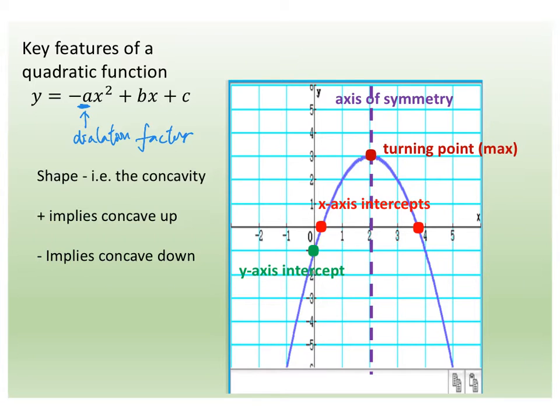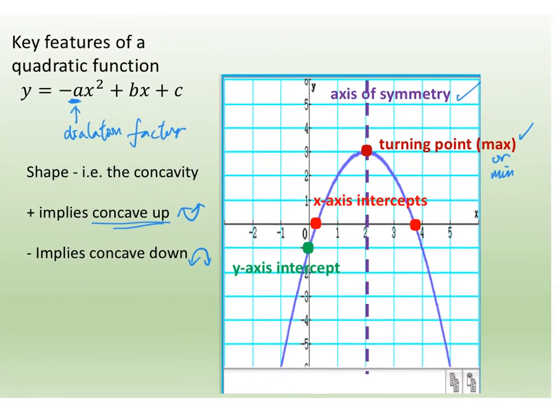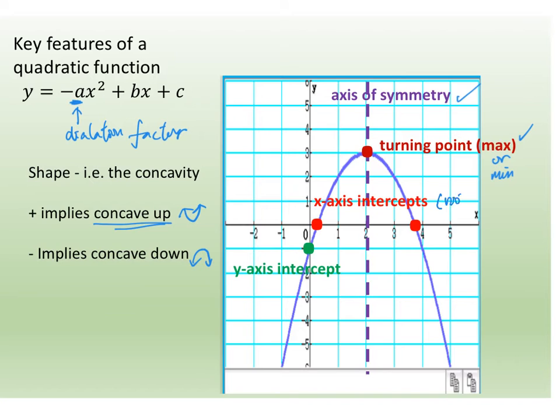Again, positive implies concave up, which is the U shape. And then negative implies concave down, the N shape. Of course, you need to know the axis of symmetry, the turning point, maximum or minimum. In this case, I'm showing an upside down parabola, so it's a maximum. You need to know the x-axis intercept, which is the roots, and then the y-axis intercept.